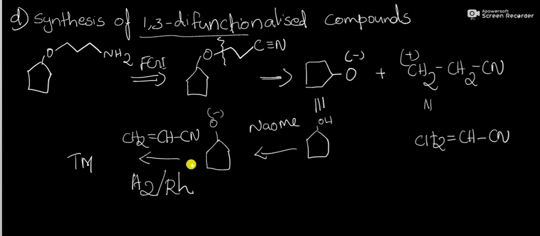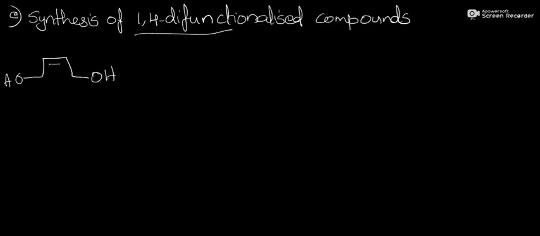That is, in the first step we get this product, and after reduction we get our target molecule, CN group getting reduced into CH2NH2.